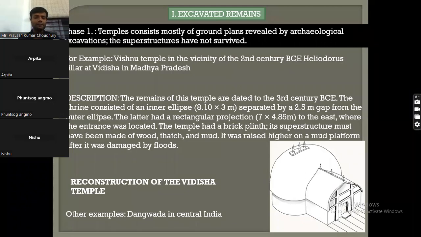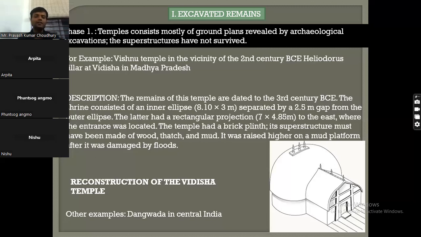You must be knowing why Vidisha is important, right? Vidisha is a very important early historical site, and you all are aware of the Heliodorus pillar inscription in the context of Vidisha in Madhya Pradesh. At Vidisha, when the archaeological excavation was being conducted, a remain of a temple dating back to 2nd century BCE was found.